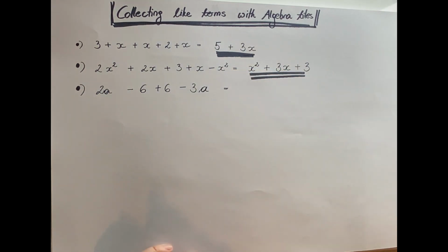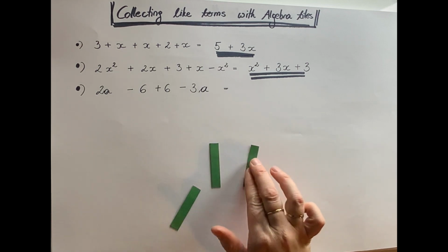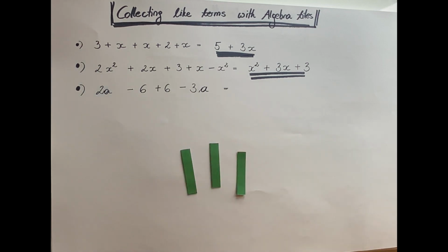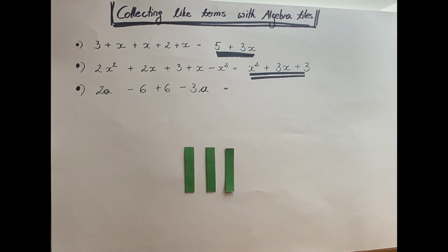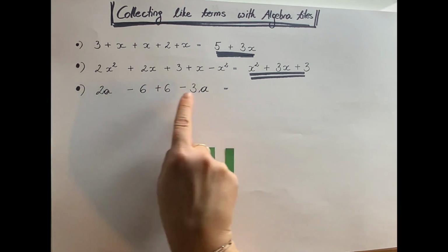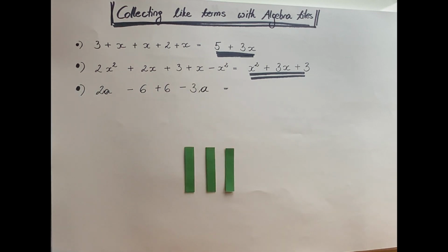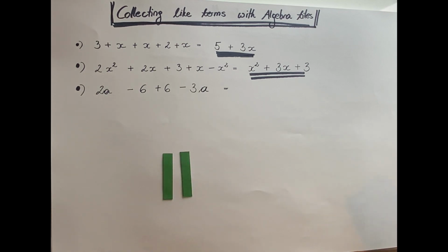Now remember, when I did that first video, I told you that these tiles don't always represent x. They can be any variable that you have in your expression. So in this expression, we don't have an x. We have an a. No other variable, just one a. So we're going to use these tiles to represent a.